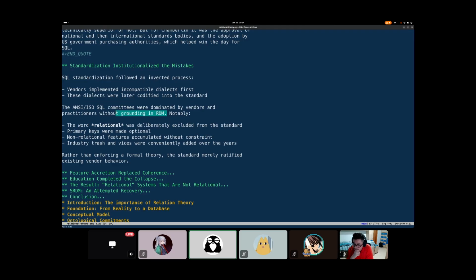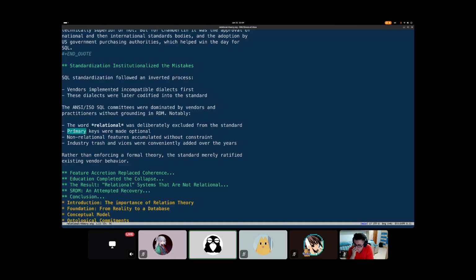If I have a big product and I run my product on this thing, I will want some say in the standardization of this trash because I want to not have to do work and dictate the rules in my favor. So basically, what happened is that the word relational was excluded, right? So the standard isn't even mentioned.